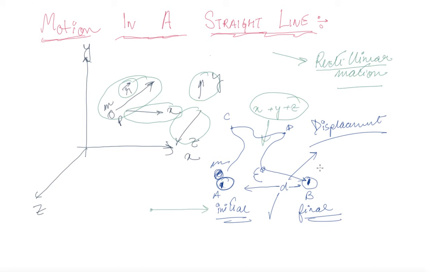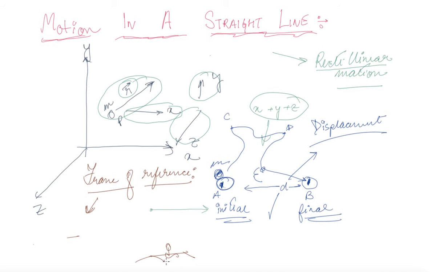Now, another concept that comes is your frame of reference. Before explaining what a frame of reference is, let's take an example. Suppose you have two trains. You are sitting in one, and there is a third person who is sitting in a house.